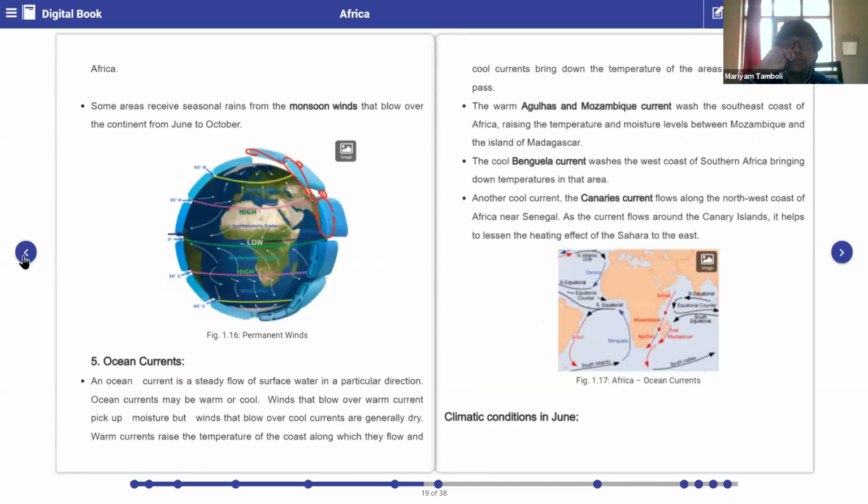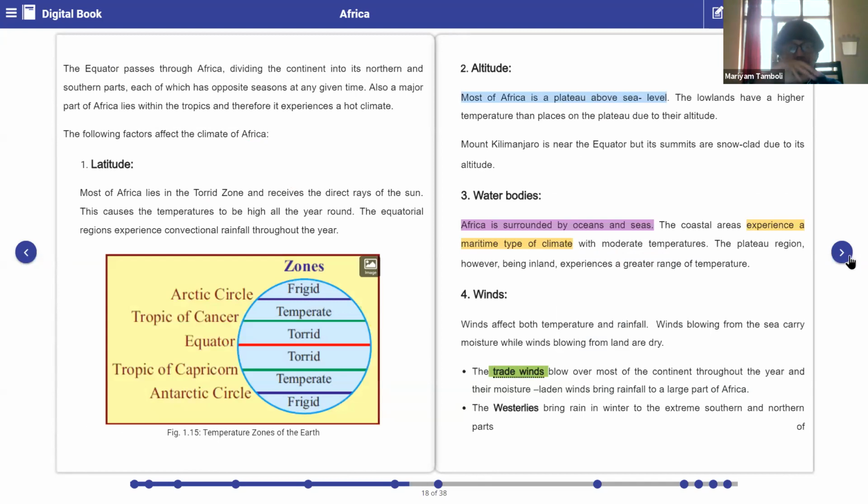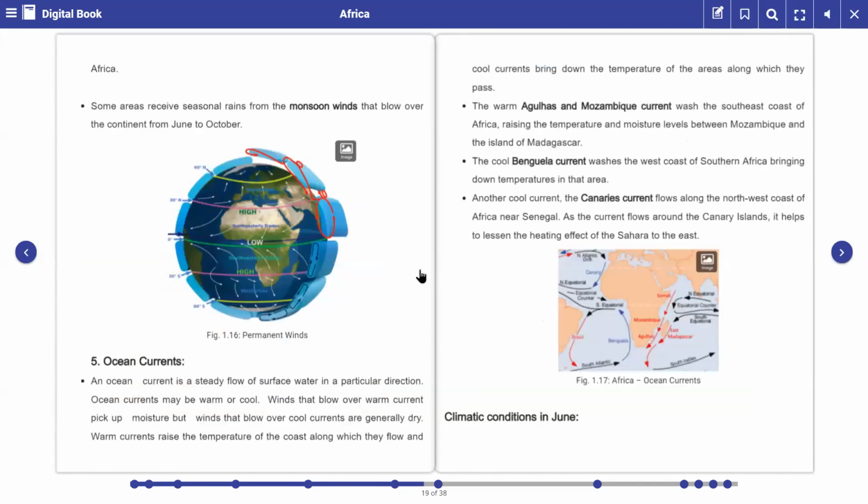Yes, ma'am. Okay, next: some areas receive seasonal rains from the monsoon winds that blow over the continent from June to October. So we are basically talking about the rainfall of Africa. Some areas in Africa are receiving seasonal rains from the monsoon winds.